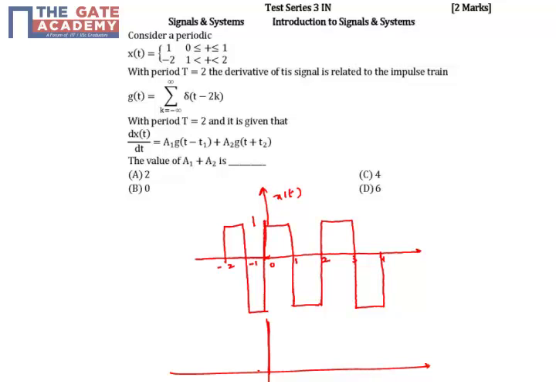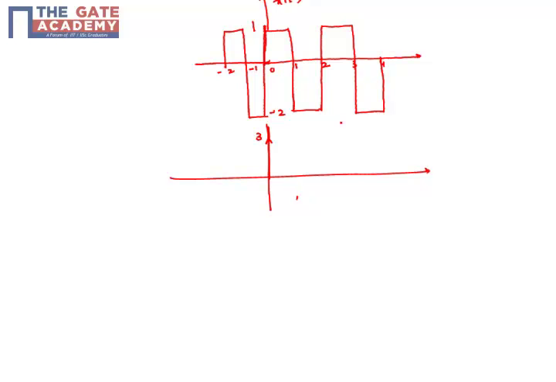So what is the magnitude here? This is minus 2 and the top one is 1. So the difference is 1 minus of minus 2. So its value is 3. And in between 0 to 1, there is a constant value, so you will get slope 0. Nothing is there.